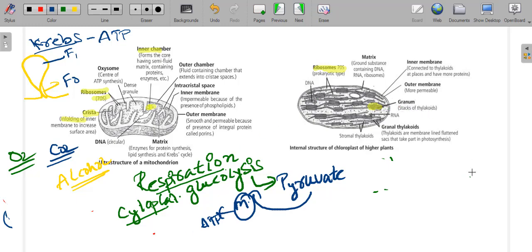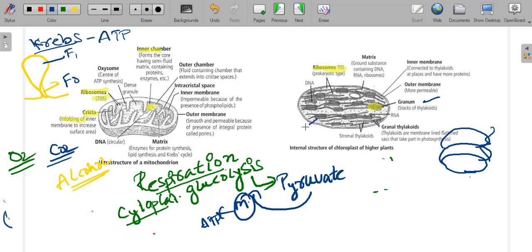When you say stacks of thylakoids, you can imagine piles of coins. One unit of this is called a granum, all the units are called grana, and they appear flattened, which is why you see kind of lines. The granum and the stroma are very important regions.